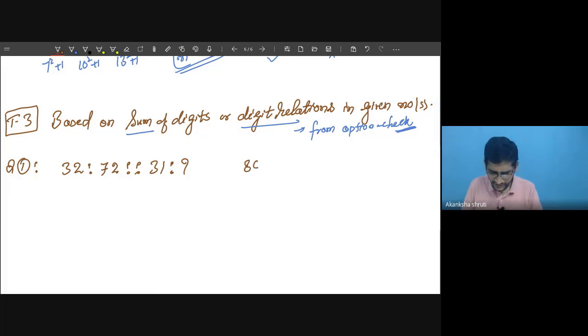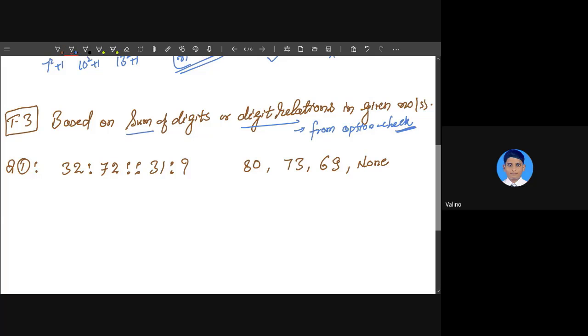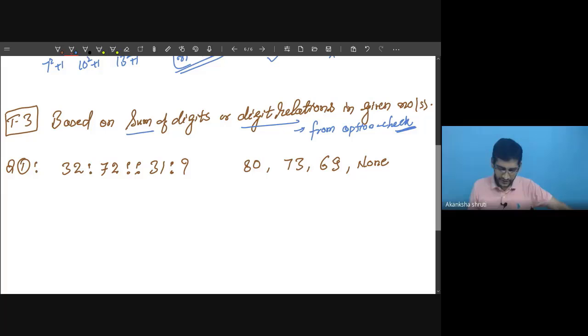Here the options given are 80, 73, 69, and the other one is none. Students, quickly tell me the answer. 73. Very good.